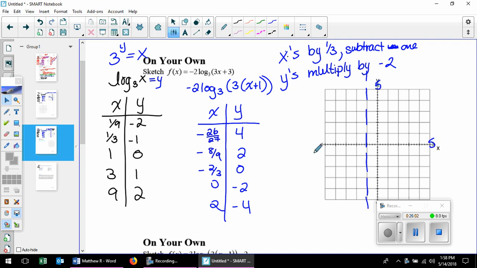Hey, do I need to do coordinate pairs if I've done a table of values? Do I need to make sure my increments are on there? No, maybe. I don't know. Seems like a good idea.